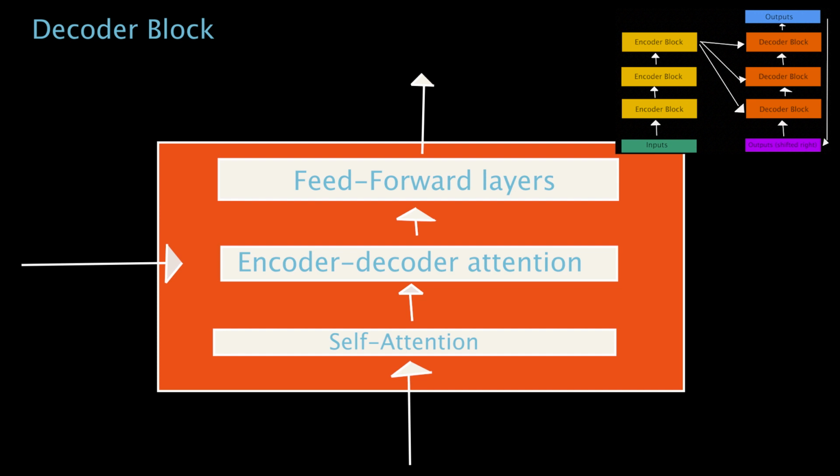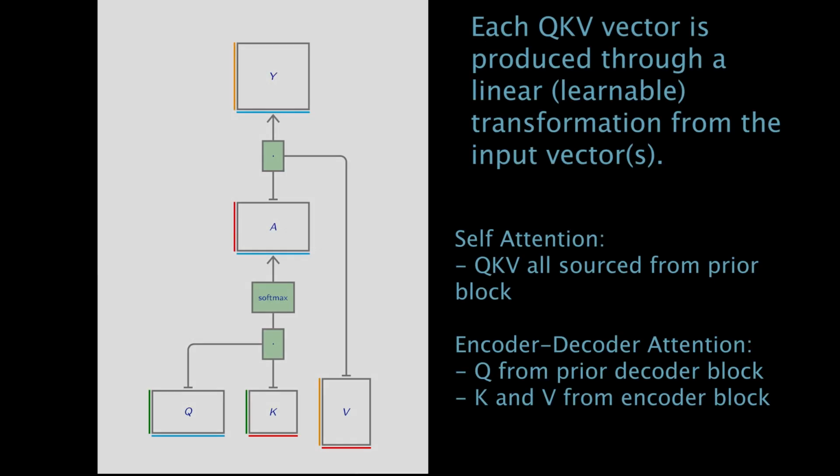It has self-attention and feed-forward layers, just like the encoder, as well as encoder-decoder attention. Self-attention and encoder-decoder attention differ only in the sources of input provided to them. Self-attention applies attention from the input sequence to itself, whereas encoder-decoder attention applies attention from the encoder output to the decoder input.